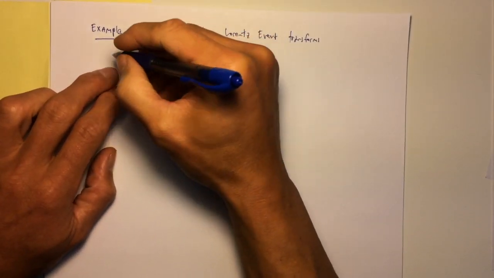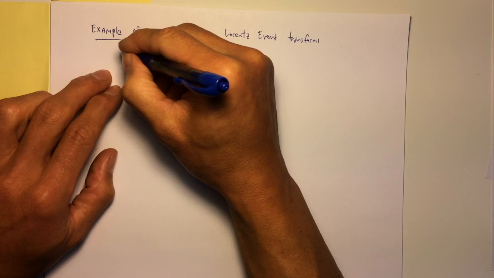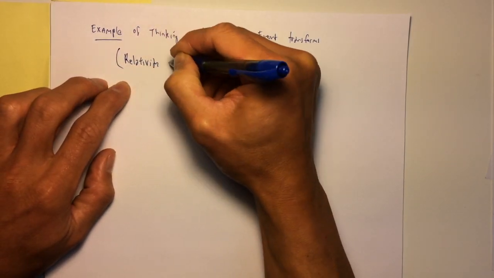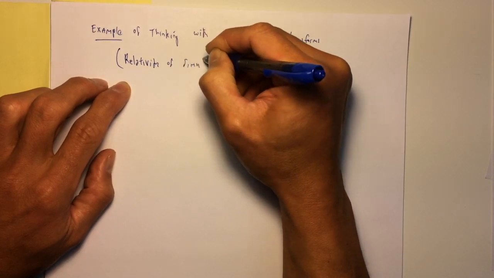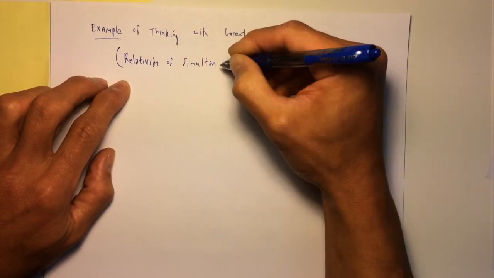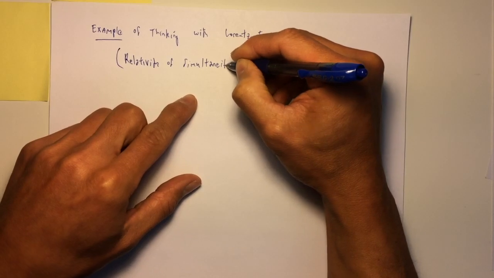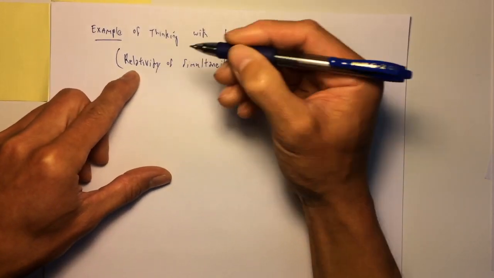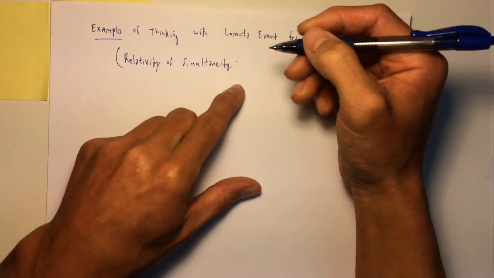It goes underneath the subject, so you might say that this is a description of the relativity of simultaneity. It's spelled this way, I think. It's the relativity of simultaneity.